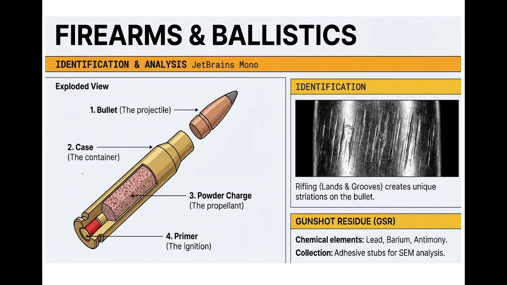And now we're going to focus on another highly important physical evidence in a crime scene, which is firearms and ballistics. Again, like every other part of forensic investigation, firearms and ballistics is a major area.